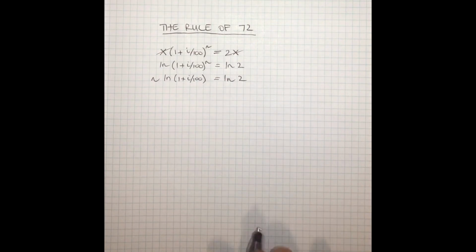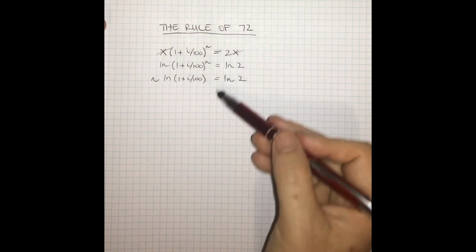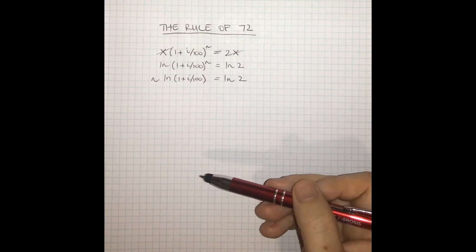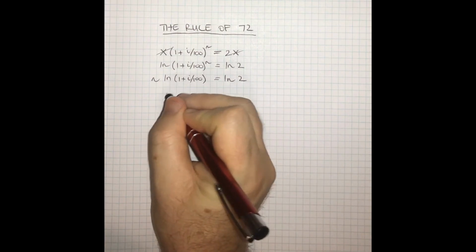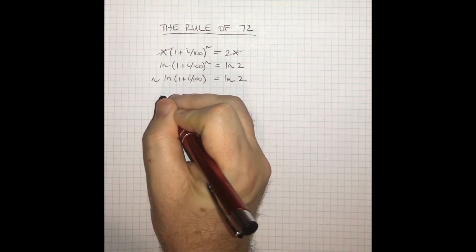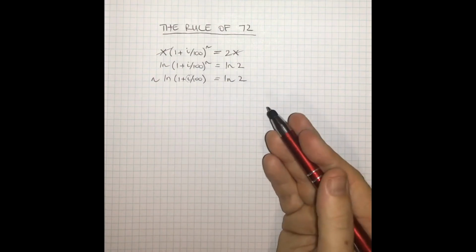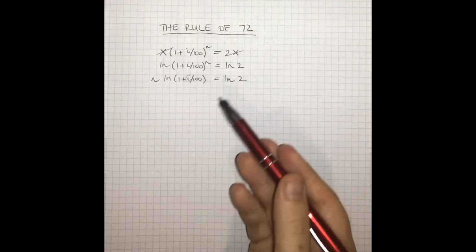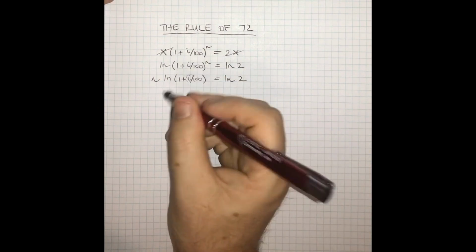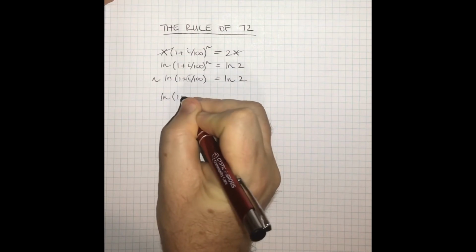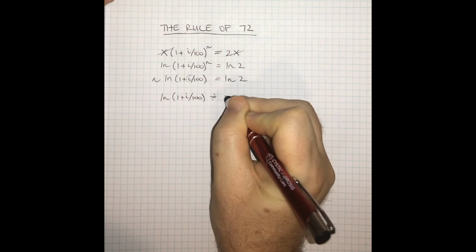And it's at the next step that we start to take what is a mathematical equality and turn it into an approximation. The idea here is that in cases where the rate of return I, or I on 100, is small, which it typically is, we're normally dealing with decimals, then there's a truth that says the log of (1 plus I on 100) is approximately equal to I on 100.